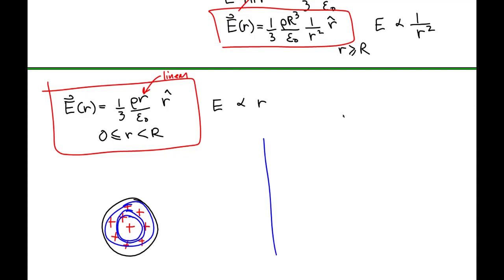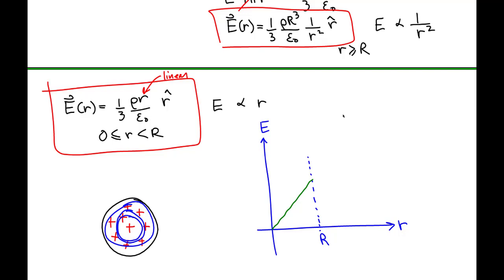directly with distance. So if we were to sketch that, where the horizontal axis is a distance from the center of the charge, vertical axis is the magnitude of the electric field, this is indicating the point on the surface of the sphere, we would expect that the graph would look linear, where the electric field at the center of the sphere is 0, and we are increasing linearly to a maximum value.